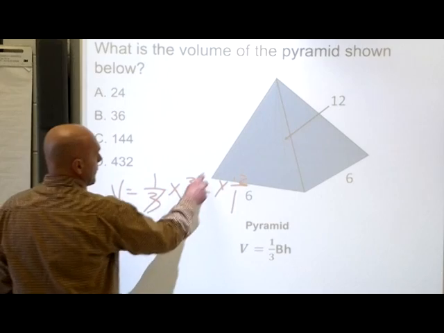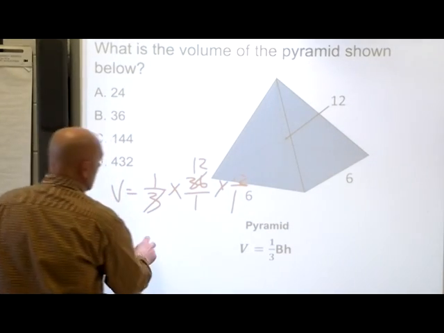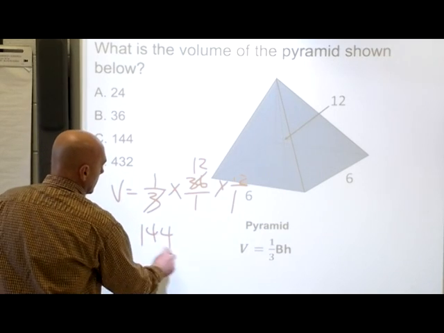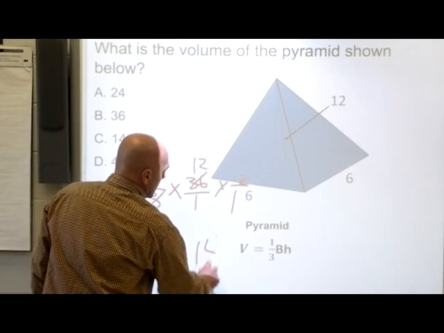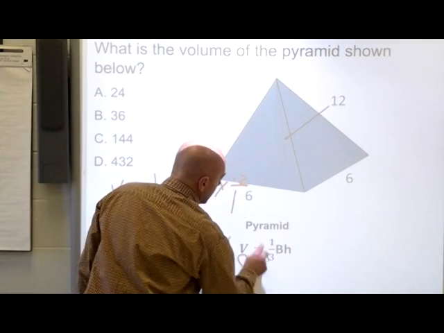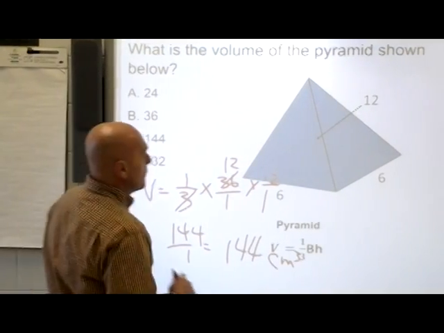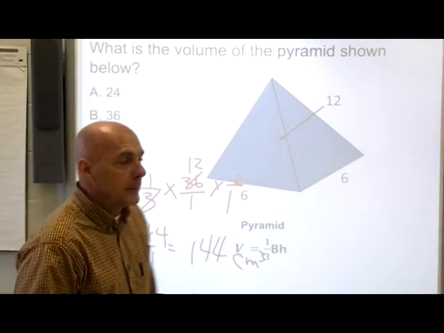So I'm going to take 3 into 36 will be 12. Then we multiply straight across the top, which would be 144 over 1. 144 cubic, whatever you're measuring in, cubic centimeters, cubic feet. And that's how you find the volume of a pyramid.